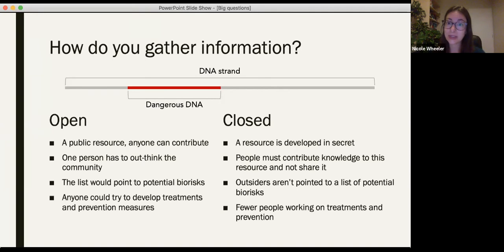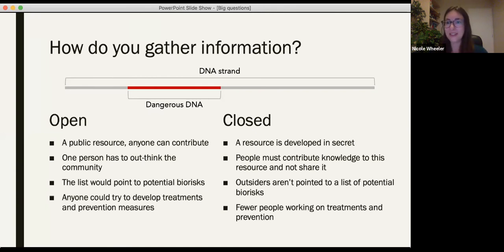Another approach would be to use a closed approach, where you develop this information resource in secret, and most people aren't allowed to look at it. So people, if they find something dangerous, need to contribute this knowledge to the resource and then not talk about it ever again. So if I'm doing my AI research and I find something really interesting, I would submit it to this resource and then I wouldn't publish it.